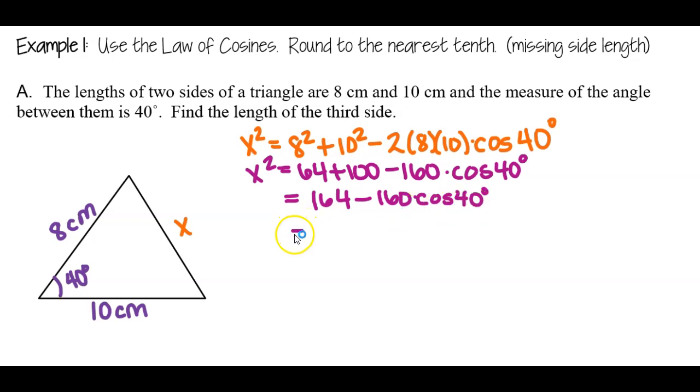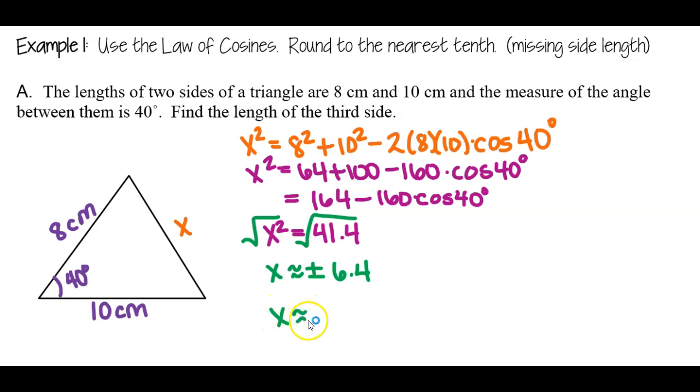We get x squared is about 41.4. Then we square root both sides, and x is approximately, normally we would have positive and negative 6.4, but since this is the side length of a triangle, x is approximately 6.4 centimeters. And there you have it.